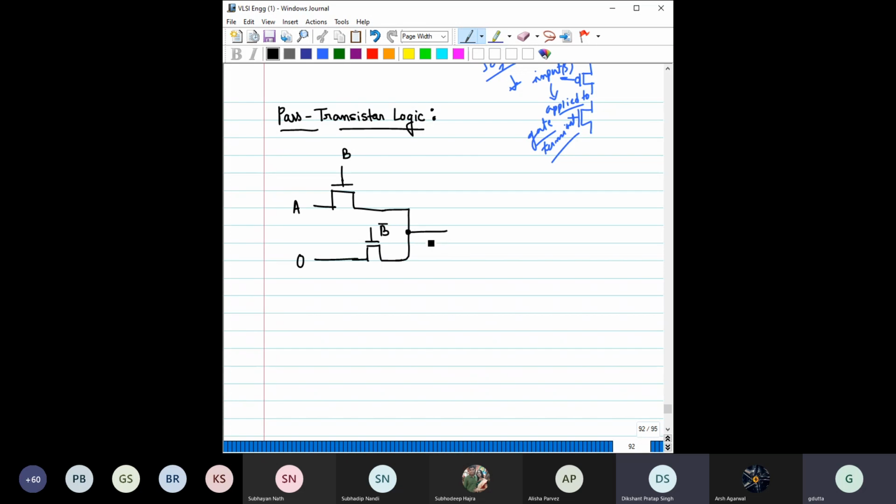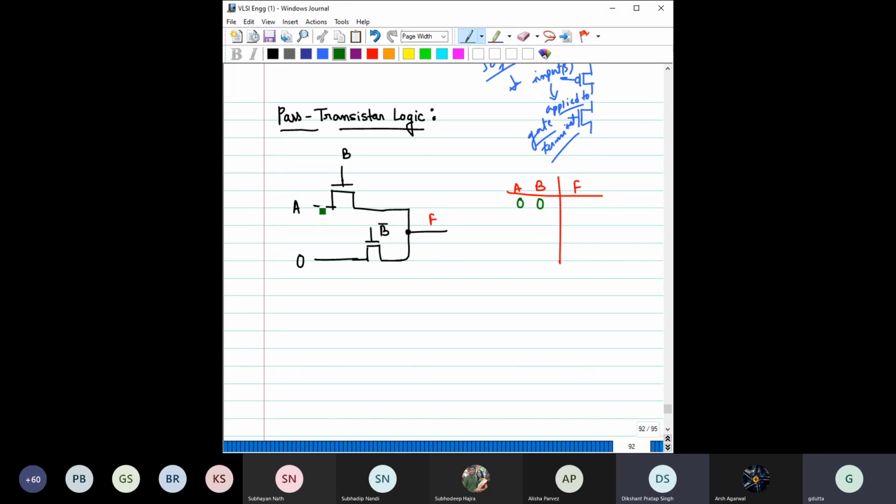Now let's see what this circuit is doing. Let us say the inputs are A, B, and this is F.